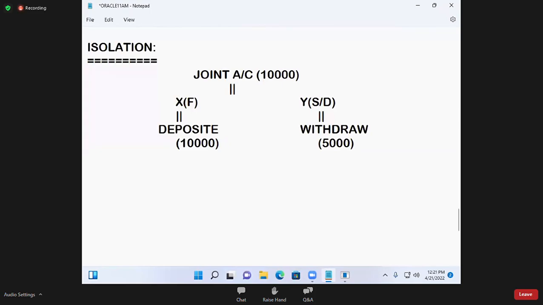So transactions are independent. One transaction never depends on another: deposit, withdraw, transfer, mini statement, balance inquiry. All transactions are independent.